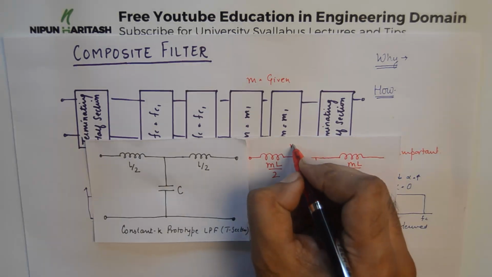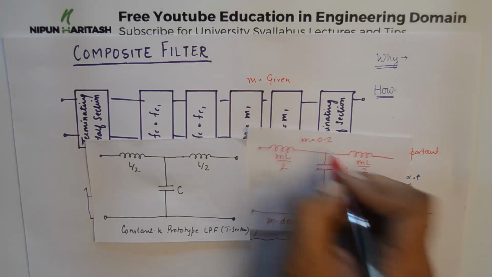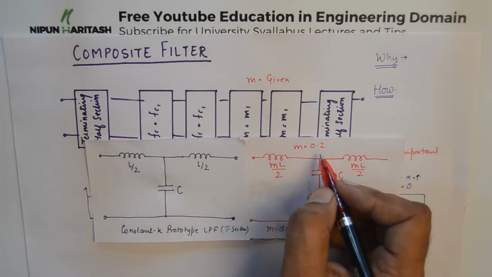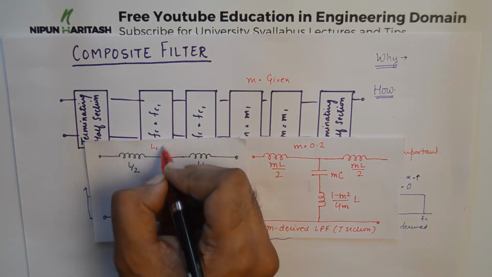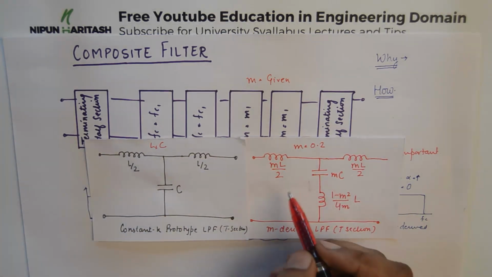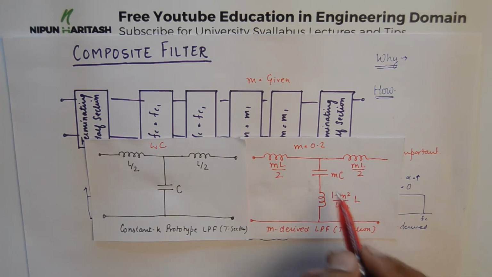Of course here M will be our 0.2 as mentioned in the question, so it will be given here in the question. We'll find L and C and we'll substitute here.